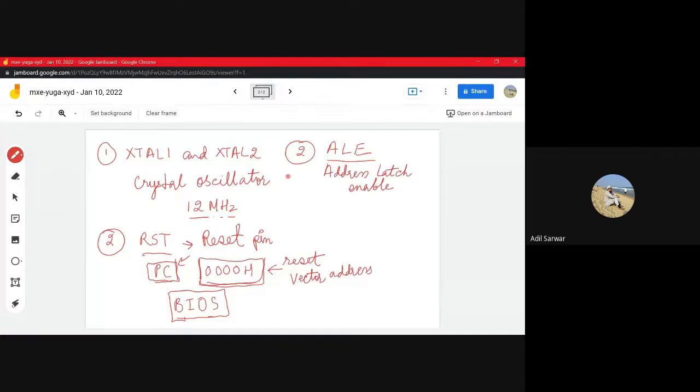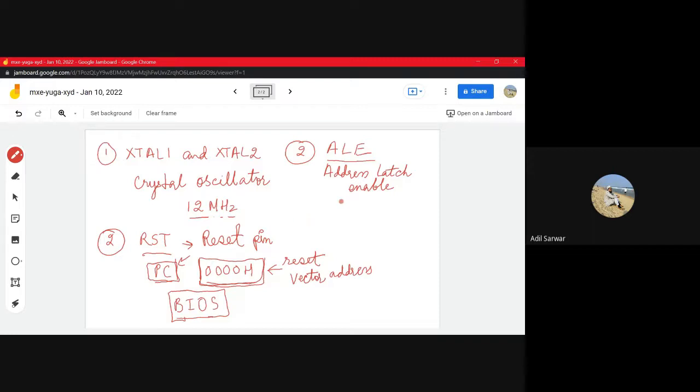It is used to enable the latching of the address. The address bus and the data bus in the 8051 are multiplexed, and this is done to reduce the number of pins that are required by the 8051 IC.